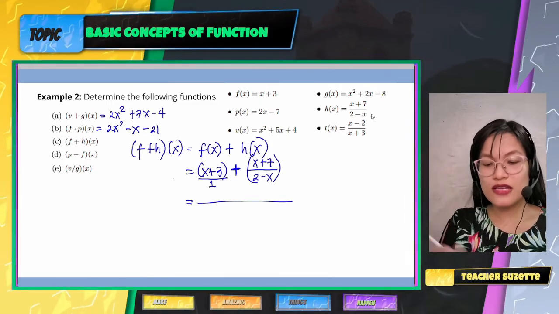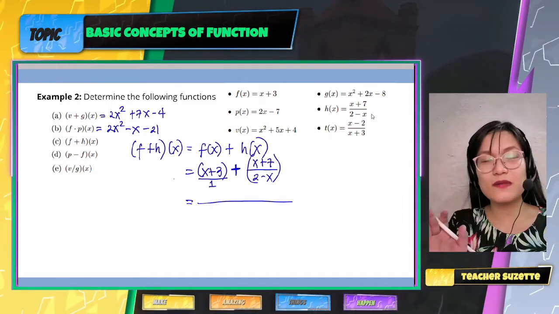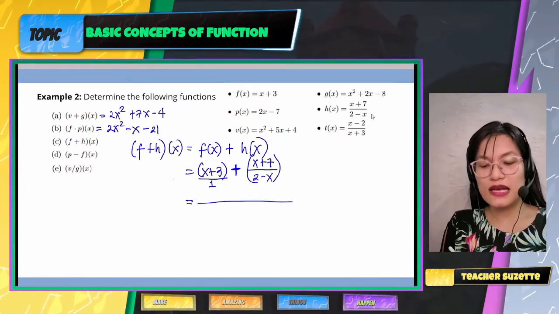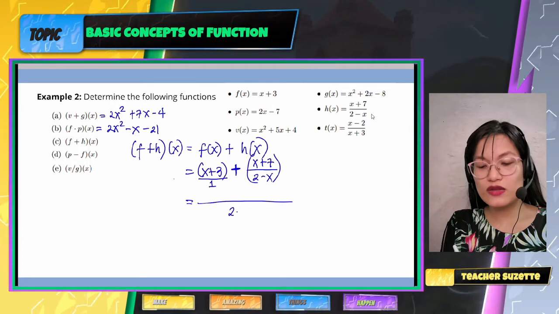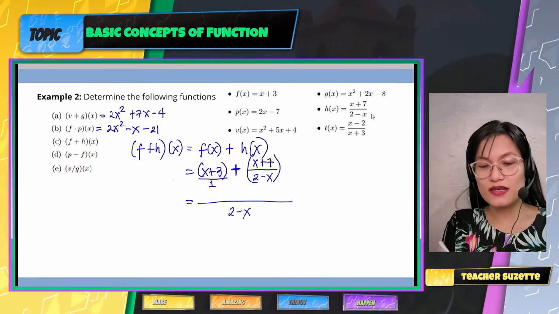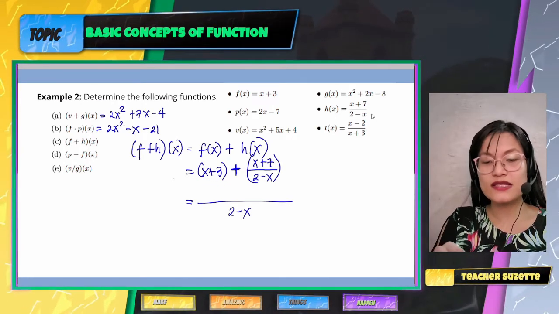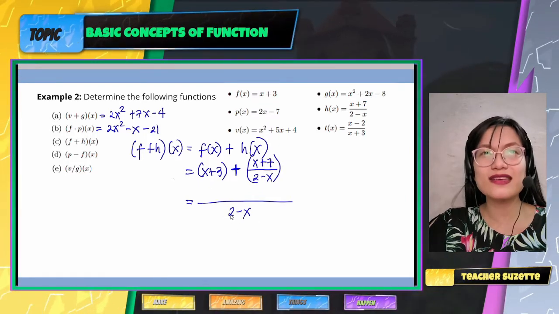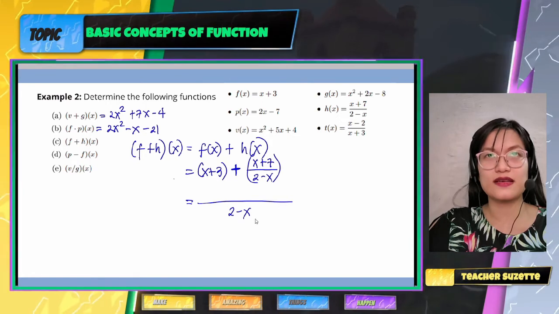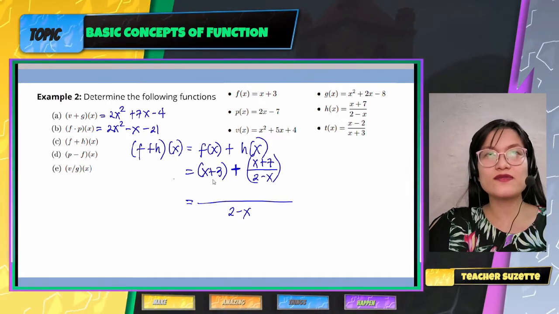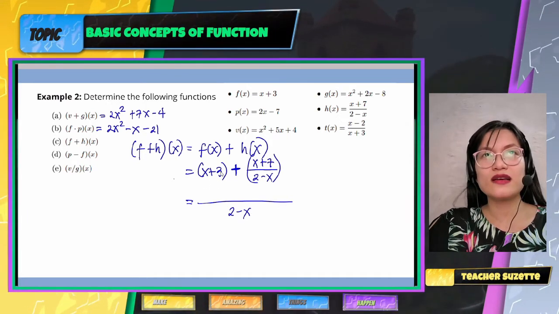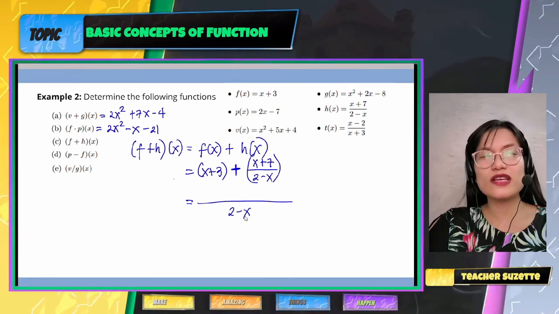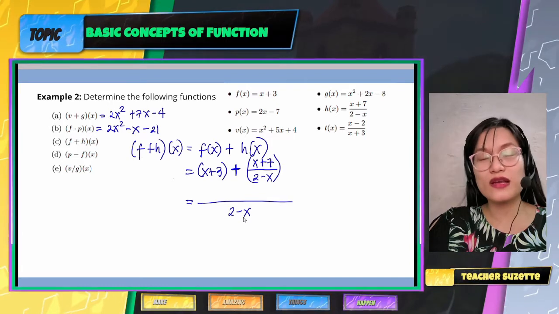So, for us to get the LCD, we just multiply the denominators of the two terms, and that is equal to 2 minus x. Now, let's solve their numerators if our LCD is 2 minus x. For 2 minus x first, divided by 1, we multiply it right away to x plus 3, because 2 minus x divided by 1 is still 2 minus x.